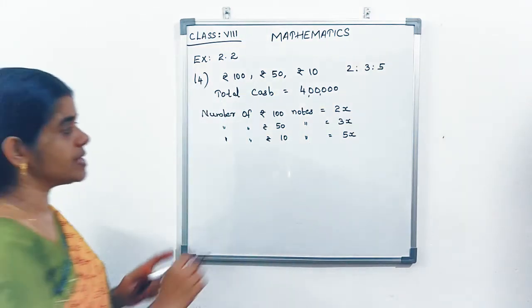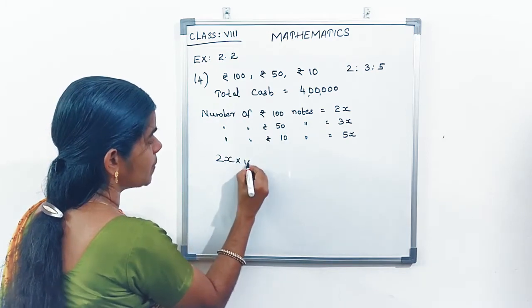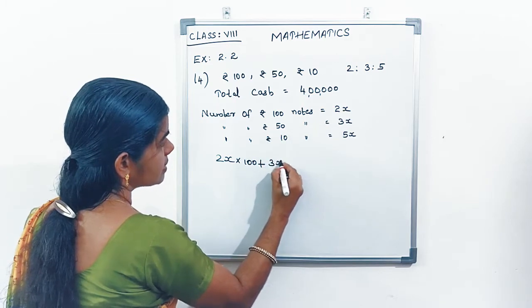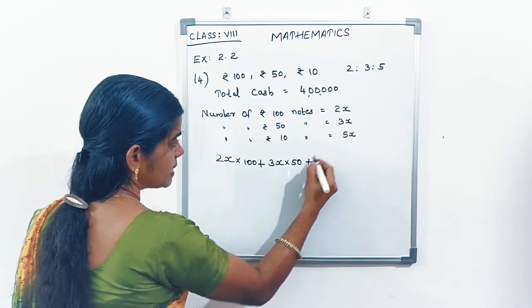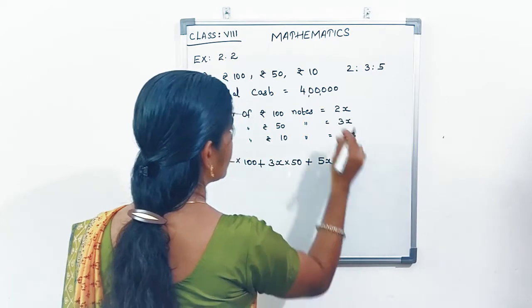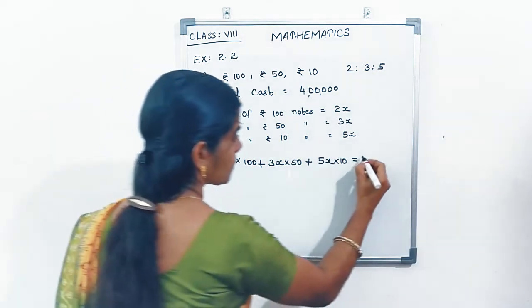100 rupee notes are 2x. Then we write the equation: 2x into 100 plus 3x into 50 plus 5x into 10 equals the total amount with her, 4 lakh rupees.